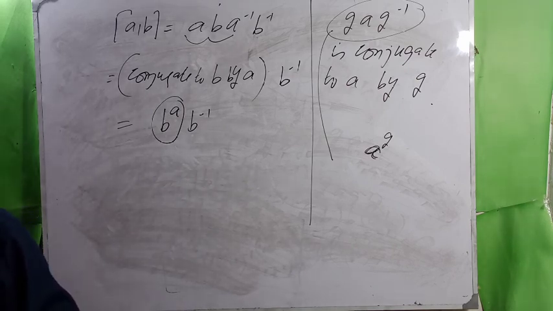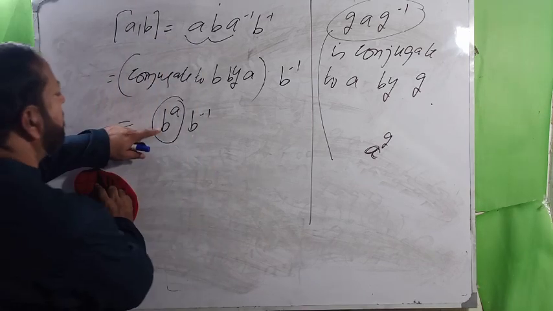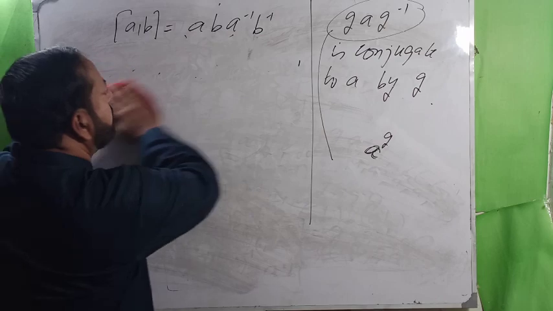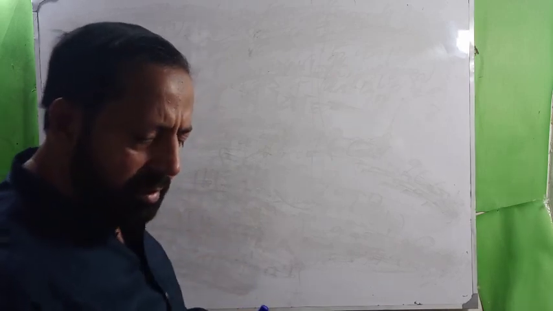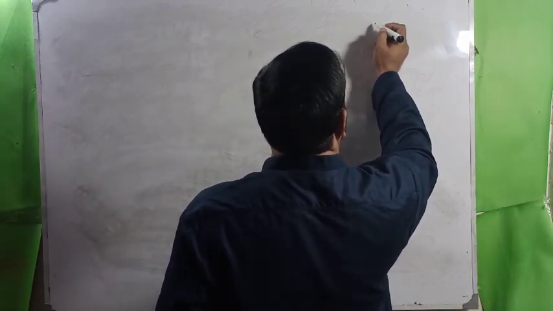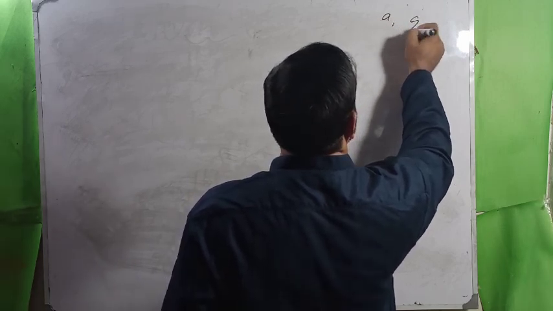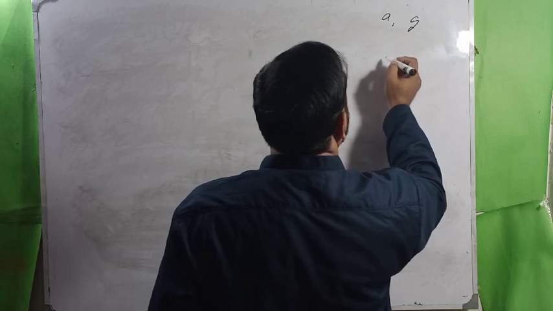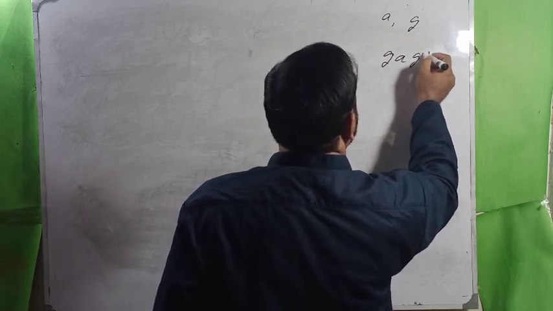Okay. Next, we define a relation. With the help of A and G, I am going to define G A G inverse.